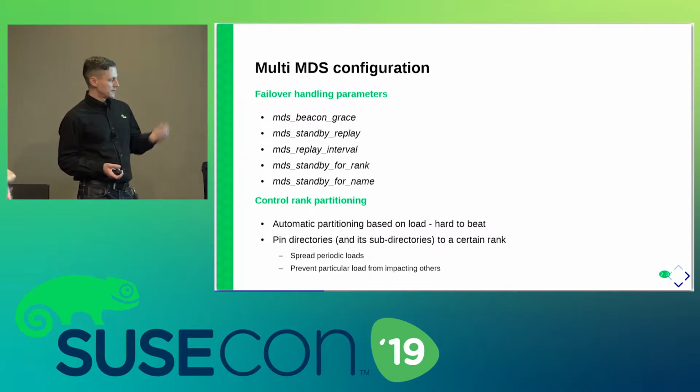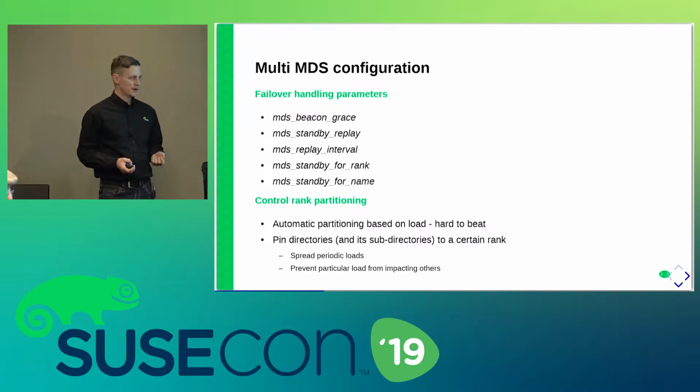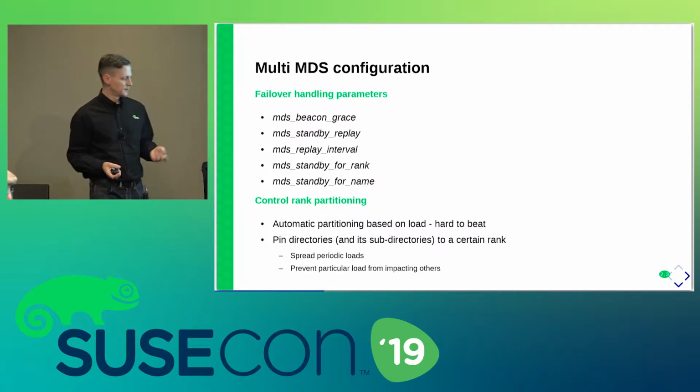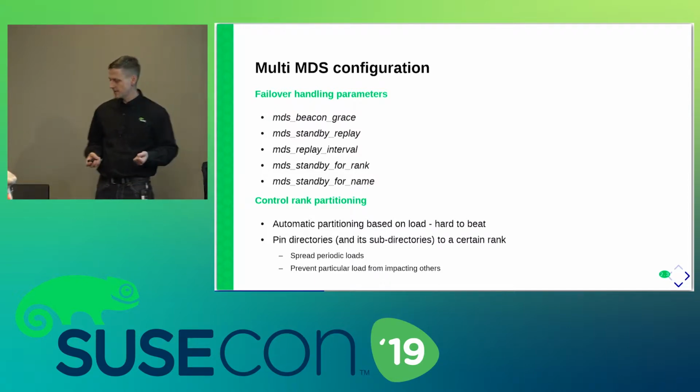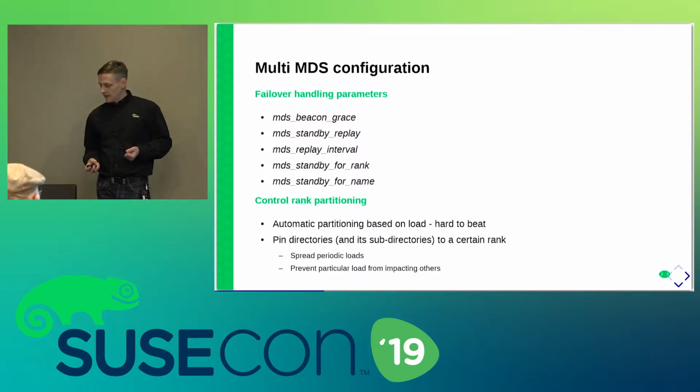As I said, there are experiments that upstream has done. It is really, really hard to beat the automatic partitioning, which is based on the hotness of a directory. Nevertheless, there are some options that govern that, and this might make sense.